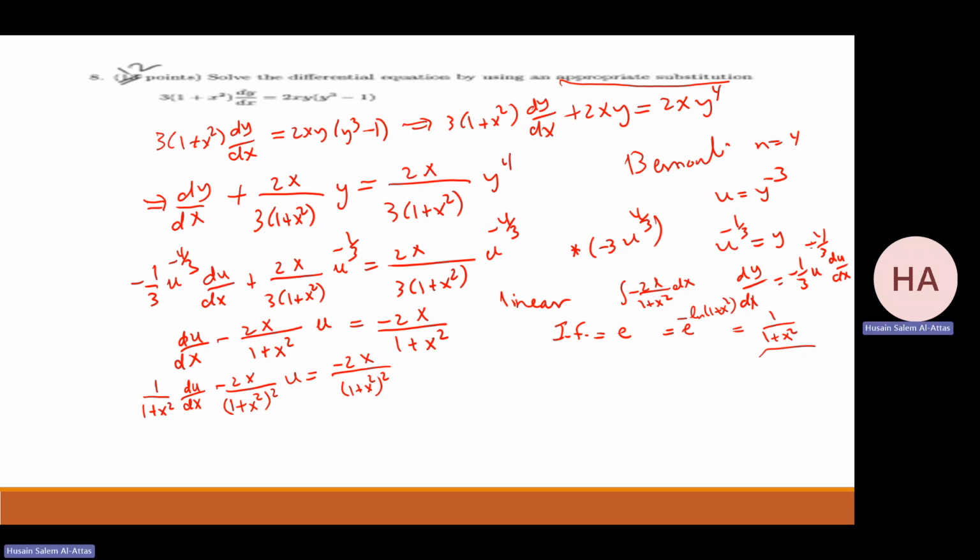So this one will be d over dx of 1 over 1 plus x squared u, equal to this one. Not minus 2x. Why was it minus 2x?